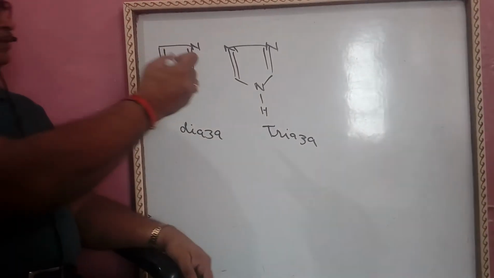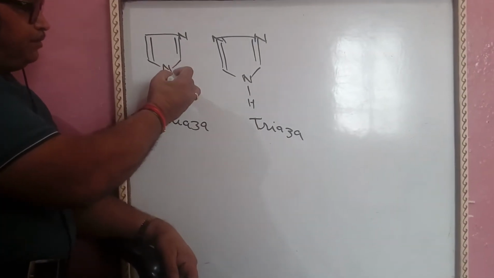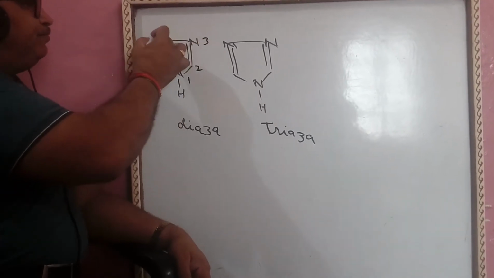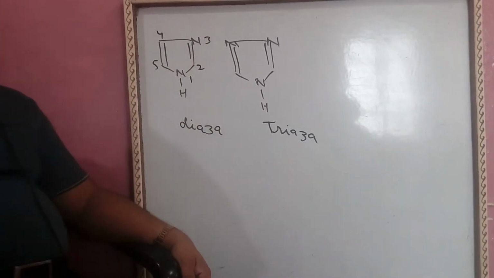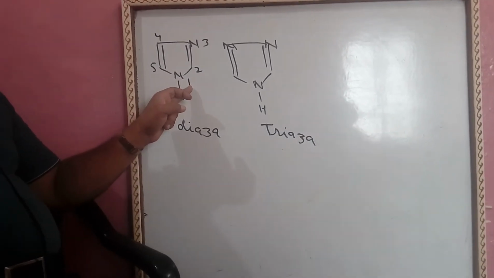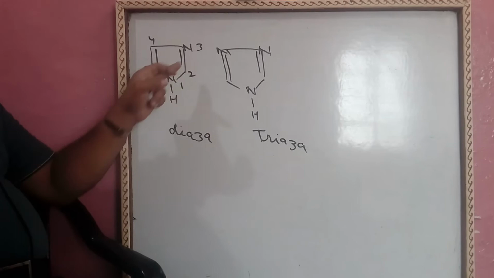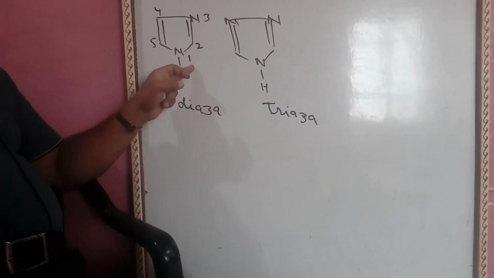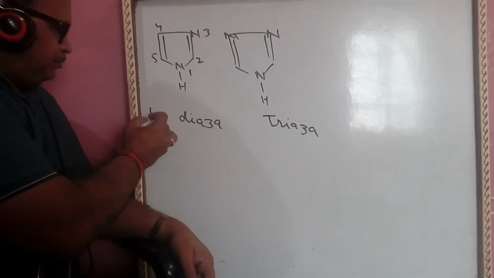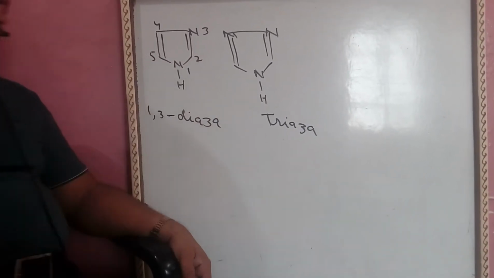For example, if we give number 1 to this heteroatom, then 2, 3, 4 and 5. So the heteroatoms are present at the position number 1 and 3, which is mentioned before the prefix as 1 and 3.